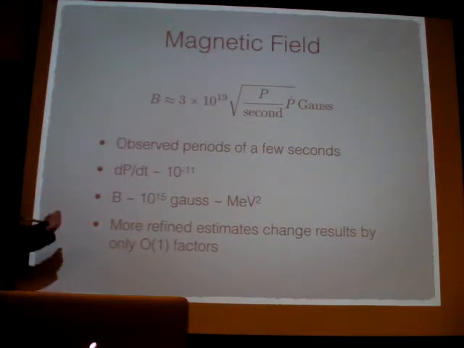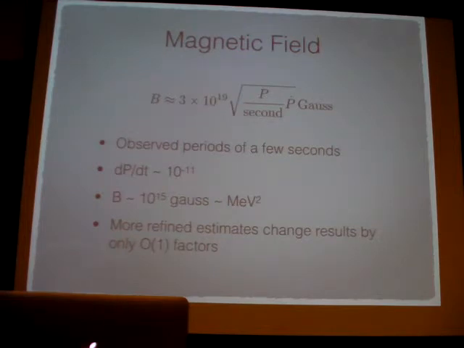What's observed somehow is these pulses, so the idea is that this is some averaged version of that. The pulses have nothing to do with the dominant energy loss. The pulses let us measure the period and the period dot with extreme precision, and that's what we use.